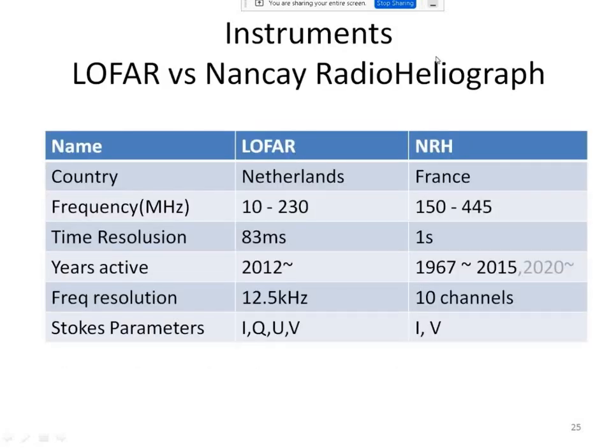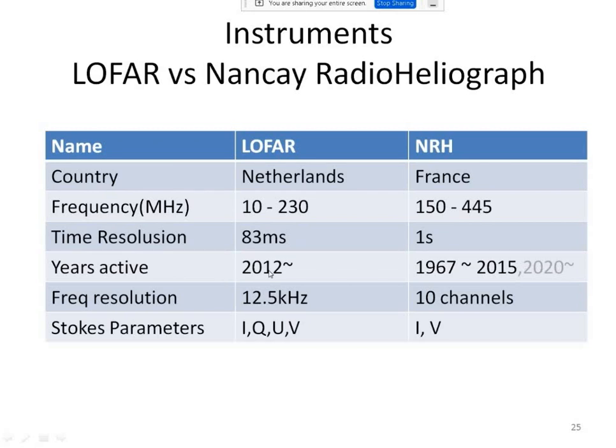Here is a comparison of NRH and LOFAR, the only 2 radio heliographs that make their data public. LOFAR is in the Netherlands, NRH is in France. LOFAR covers a slightly lower frequency range than NRH, but they overlap, for example from 150 to 230 MHz. LOFAR is relatively new, so its time resolution is much better than NRH's. NRH was active from 1967 to 2015, and then resumed observations, which I'll talk about later.